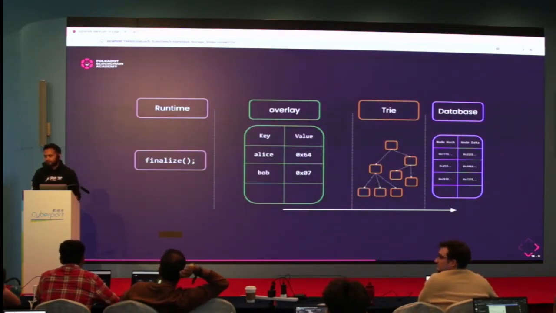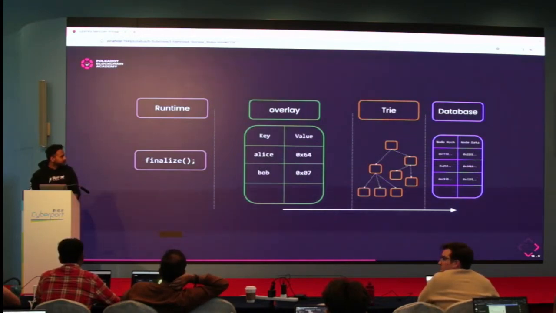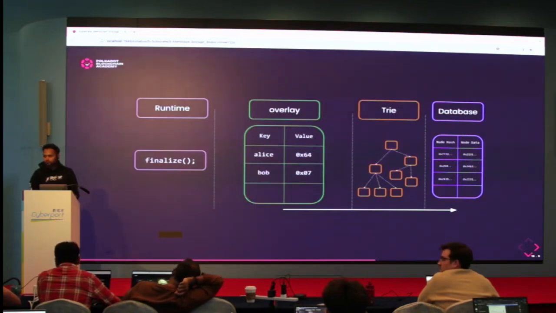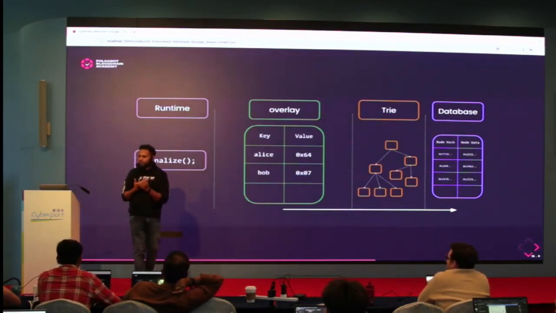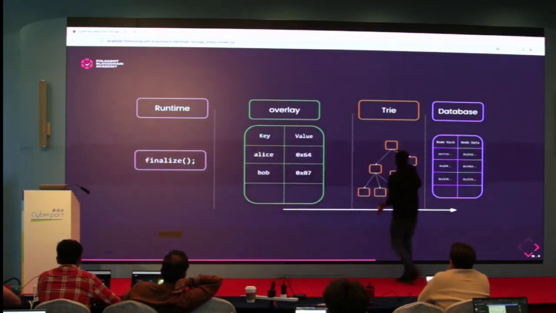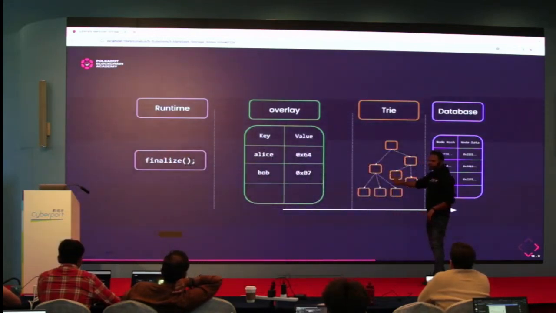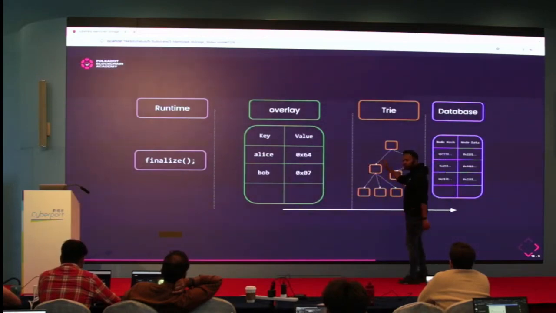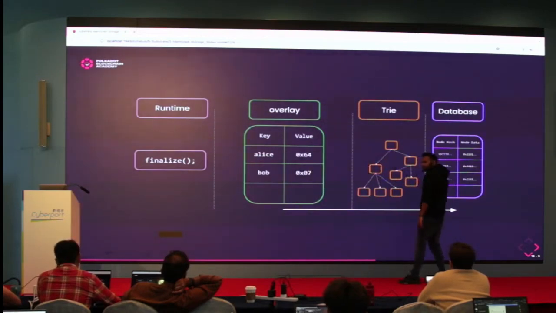Where does this overlay live? And the other question is, is the trie just a visualization of how the database is structured? Actually, there is no physical trie there. Yeah, so the trie is more like a data structure, right? Your database represents a trie, and it's just some algorithm to figure out these values.